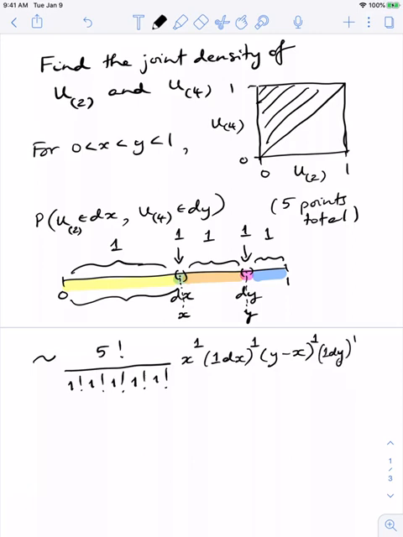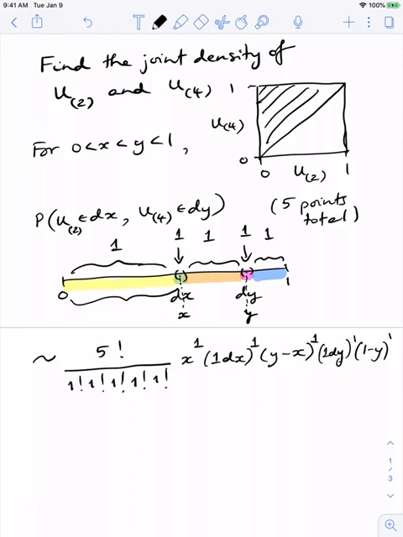I'm just running out of space. And then I have my final blue interval has length 1 minus y, and that also is to the power 1. So there's that long string of probabilities. These are multinomial probabilities, basically p1 to the n1, p2 to the n2, p3 to the n3, etc. 5 of those terms.